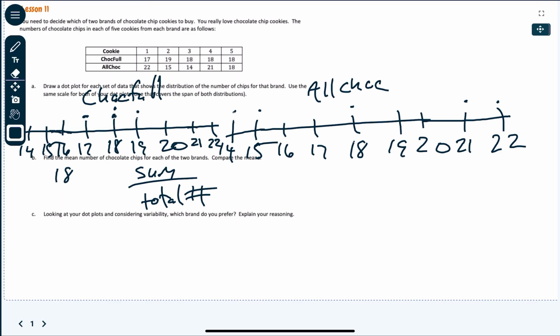Which brand of chocolate chip cookies would you, based on this data, buy and why? No wrong answer here, as long as you explain yourself to me. Would you buy chalk full or all chalk? Why would you buy chalk full?